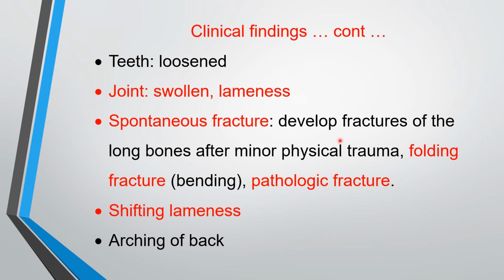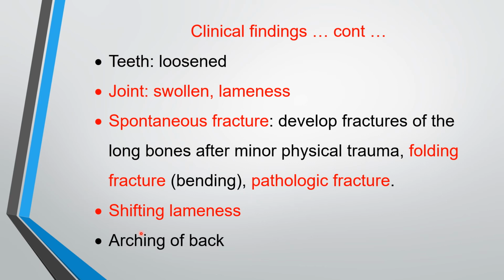Means the animal develops fracture of long bones even after a slight minor trauma or minor injury. Sometimes there is folding fracture. Actually, it is not fracture but bending of the bone. Bone becomes so soft, just like rubber. Pathologic fracture in advanced cases.